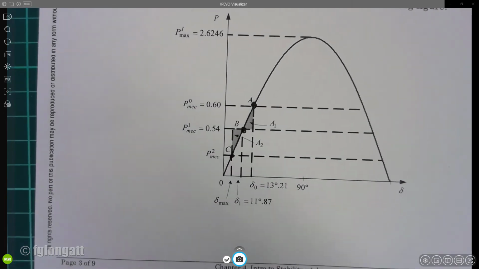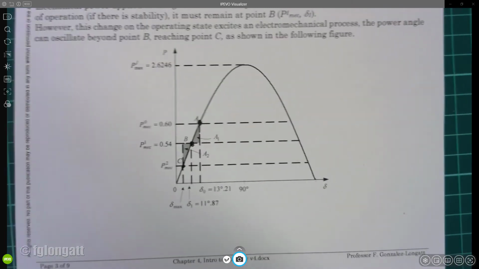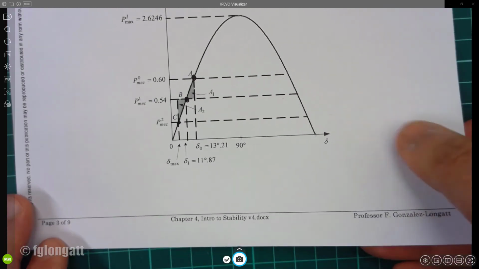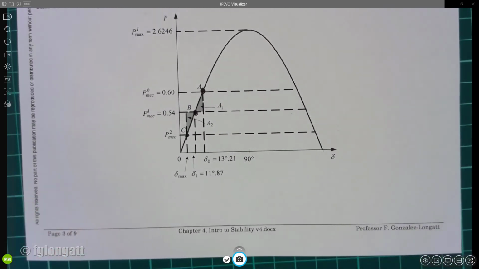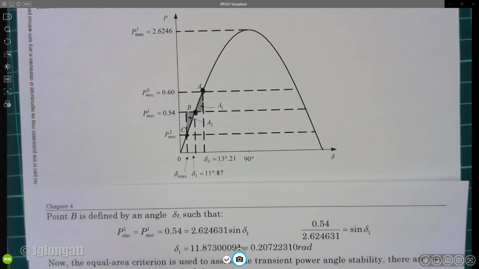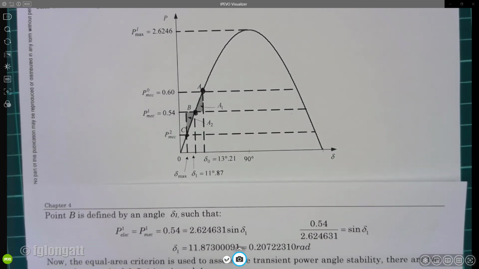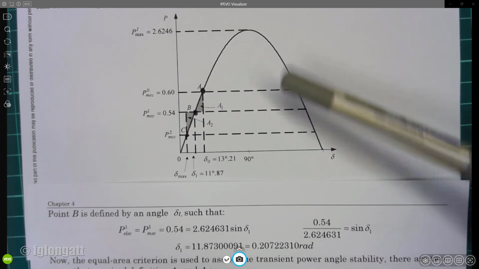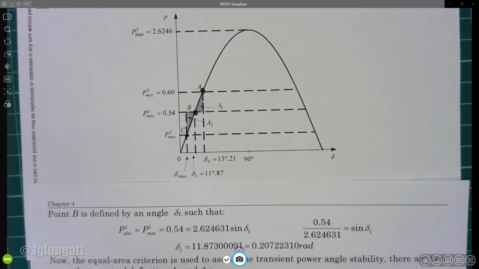The angle delta 1 is very simple to calculate. All my students are so clever that they can calculate it. You use this equation over here, 2.62 sine of delta 1, and from there you extract delta 1, because it is equal to 0.54, which is the final mechanical power.